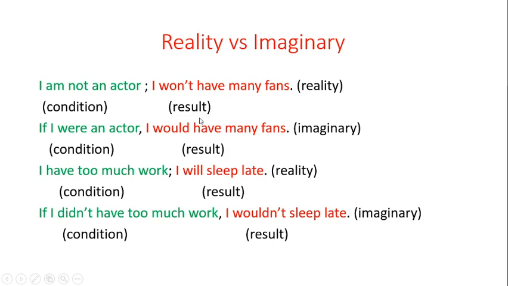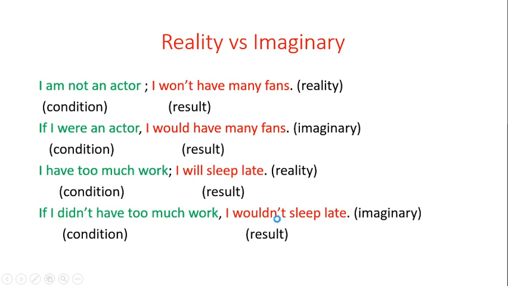A negative result turns into a positive in the imaginary conditional. The same happens if in the reality the condition is positive, in the second conditional it turns negative. If the result is positive, in the imaginary form it turns negative.